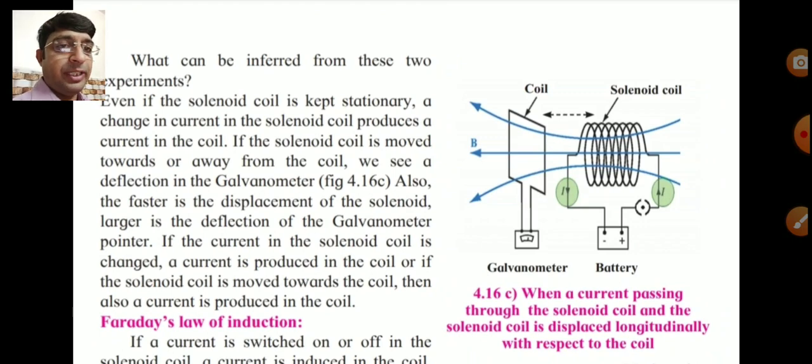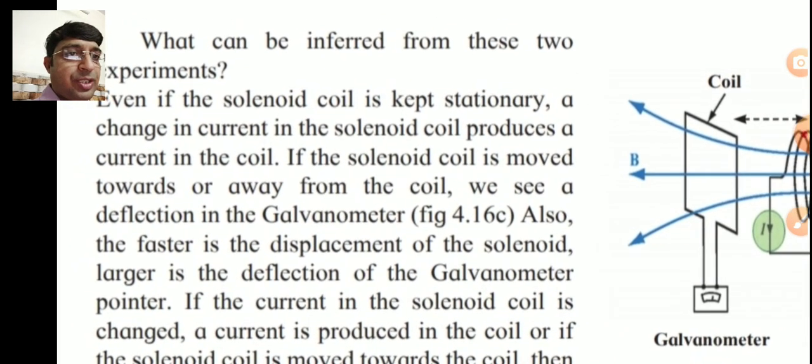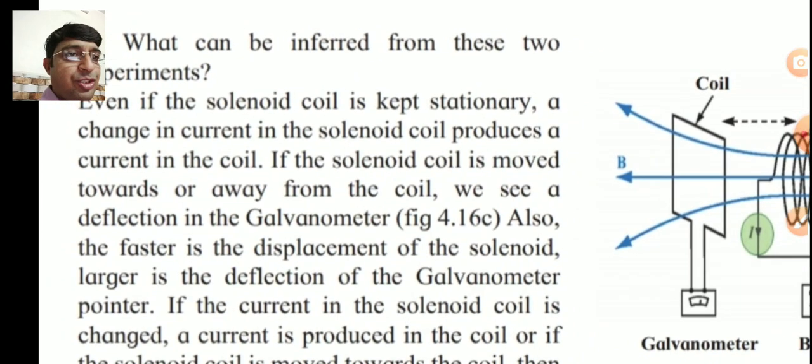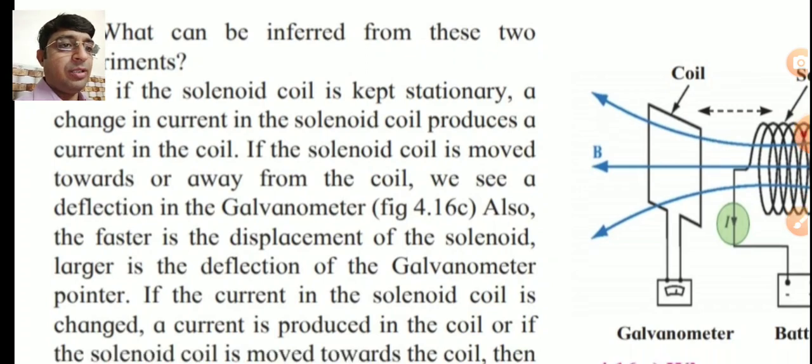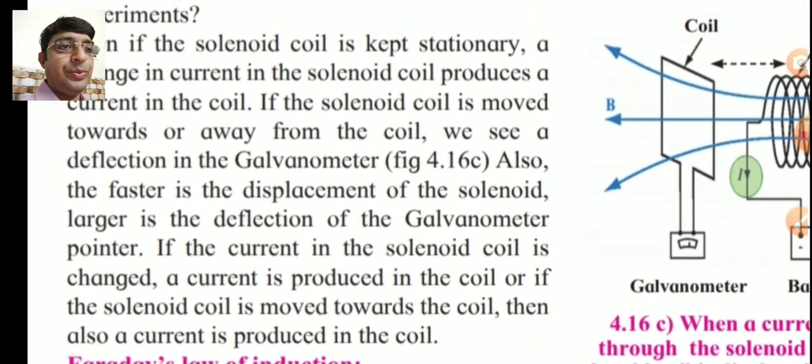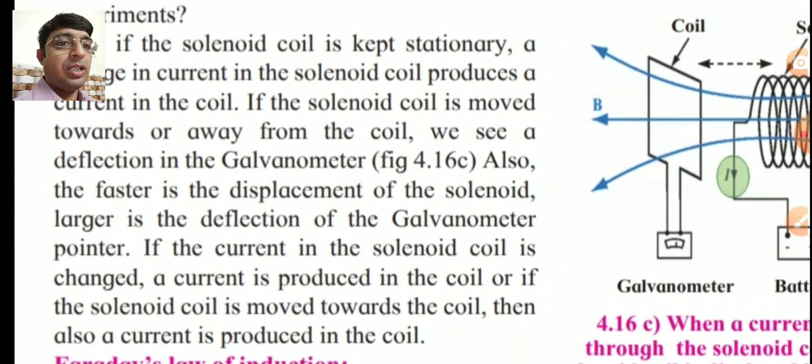Even if the solenoid coil is kept stationary, that is, remains at rest, a change in current in the solenoid coil produces a current in the coil. If the solenoid coil is moved towards or away from the coil, we see a deflection of the galvanometer. Move close to that coil, move away from that coil.